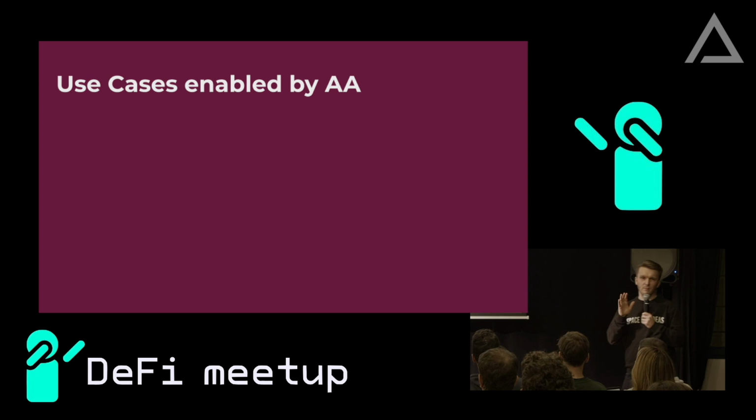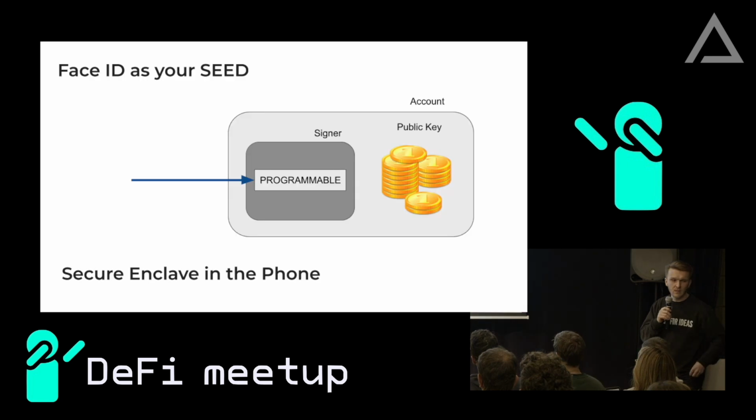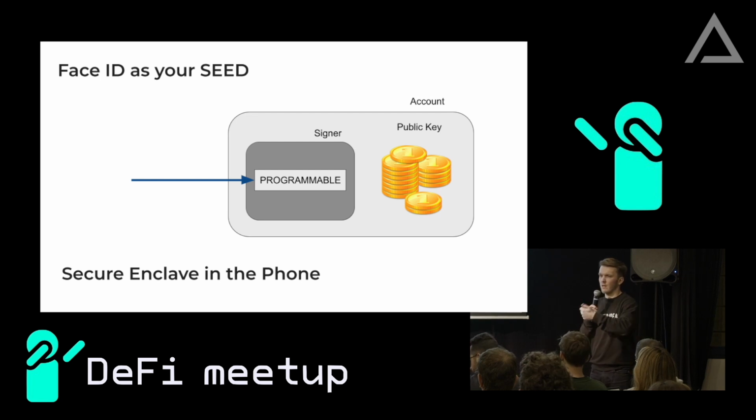And now the use cases. This was maybe a bit more technical. Now we'll get into the actual use cases enabled by account abstraction. The first one is you can use your Face ID as your seed. You will go to an app and create a wallet.